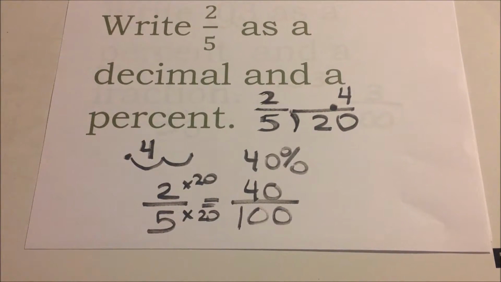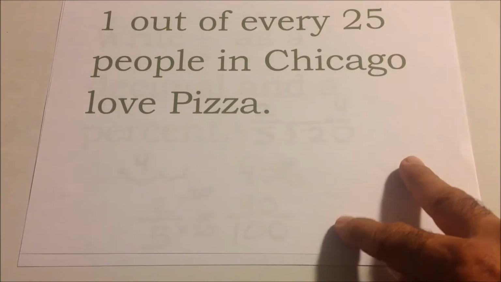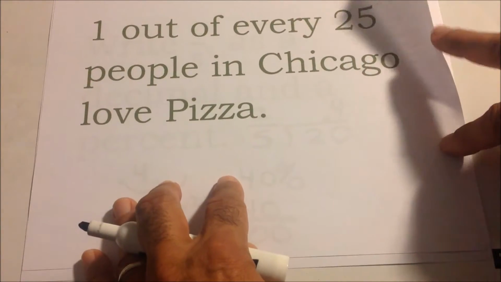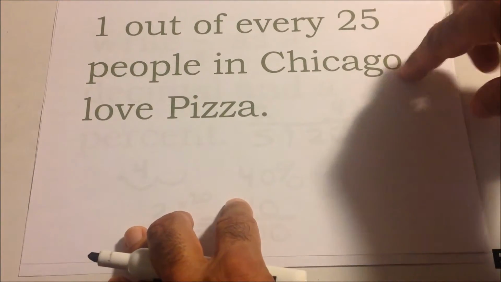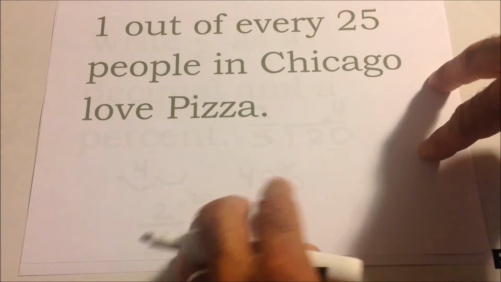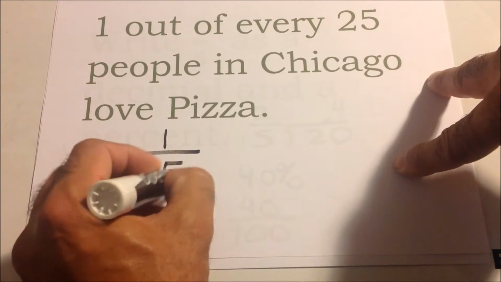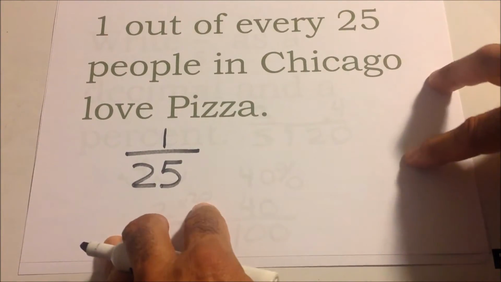You saw a word problem. What if you saw something like this? 1 out of every 25 people in Chicago love pizza. Okay. Now we don't know if this is true, but let's say you saw something like this. In Chicago, they love that deep dish pizza, right? Deep pan. So 1 out of every 25, that's the fraction. 1 out of 25. There's the fraction. What's the percent, though?